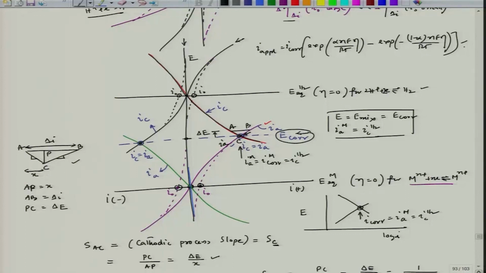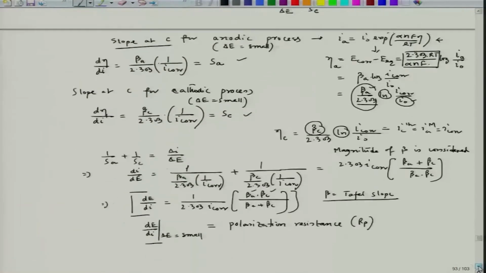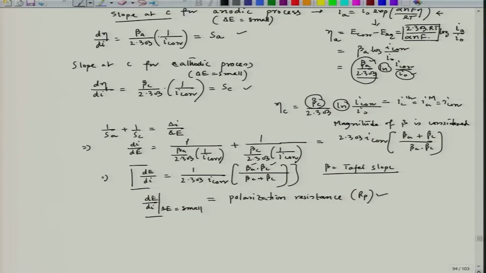And then if I plot this at a small overvoltage, my plot would be like this, and this voltage gap would be 20 millivolt, and here it is minus 20 millivolt. Then I can find the slope at the point where overvoltage is 0, corresponding to Ecorr, and we can find the parameter Rp. So this is about linear polarization.